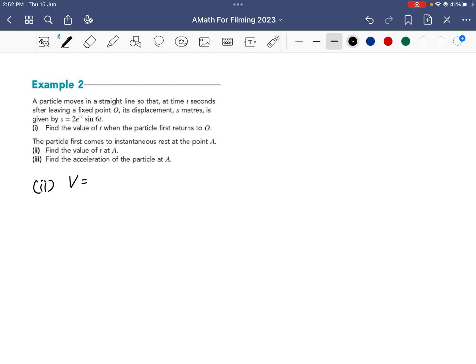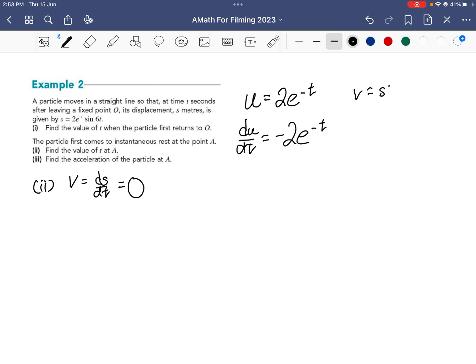Hence, velocity is equal to ds/dt, which is equal to 0. Now, what I need to do is differentiate this. It's very obviously a product rule. So u is equal to 2e to the power of negative t. Differentiating u with respect to t gives negative 2e to the power of negative t. v is sine of 6t.